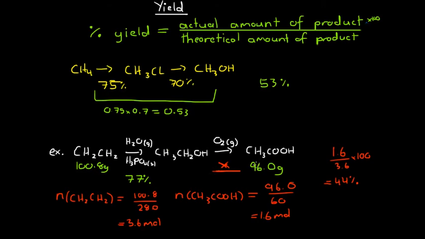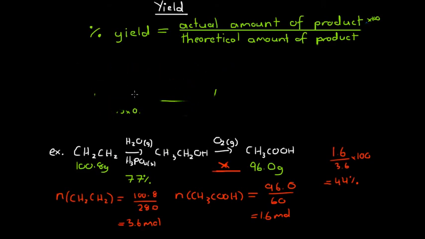We want to find a yield for this step here. So if we just make a bit of room up here, then if we know that the yield for the whole process is 44%, and that is equal to the yield for the first step multiplied by the yield of the second step, we can create an equation like this.